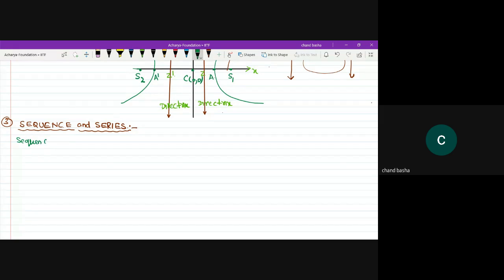Sequence is the collection or the set of numbers, as you said, alphabets or objects that can be arranged in systematic order, in some order with a definite rule.